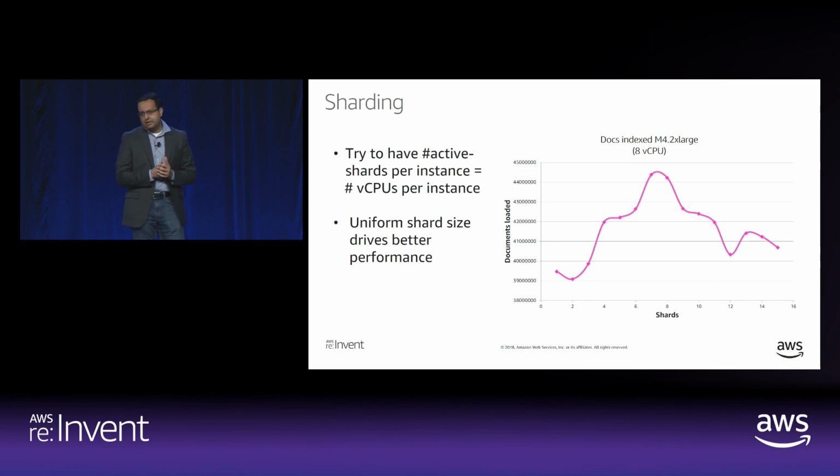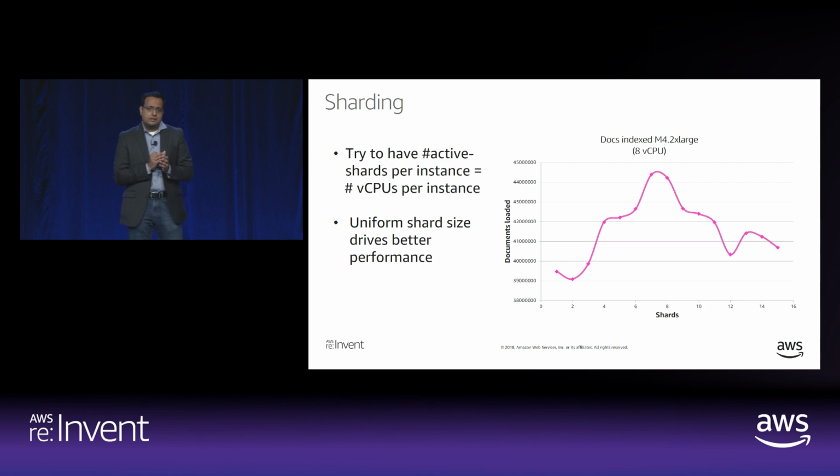For example, the chart here shows you, when you're ingesting at a high rate, for an M4-2XL, which has 8 vCPUs, at 8 shards, it's able to deliver maximum parallelization. If you have fewer than that, you're not utilizing it well enough. If you have more, it's overloading it, and it's not getting utilized well enough either. So that helps you attain the maximum throughput.